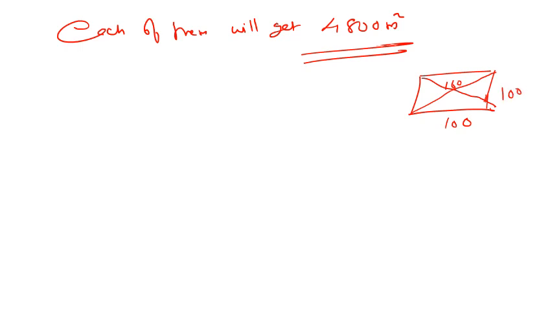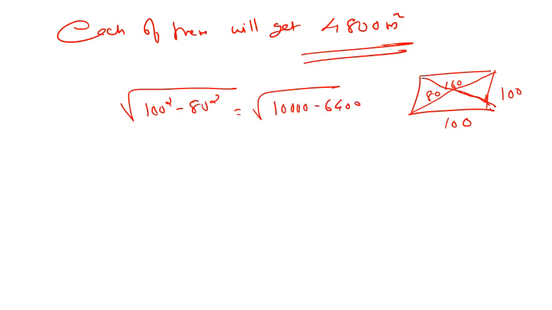So this is 80. If this is 80, this is 100, what is this side? Root of 100 squared minus 80 squared. So 10,000 minus 6,400. So what is it? 3,600. 3,600 is 60. So what is this side?